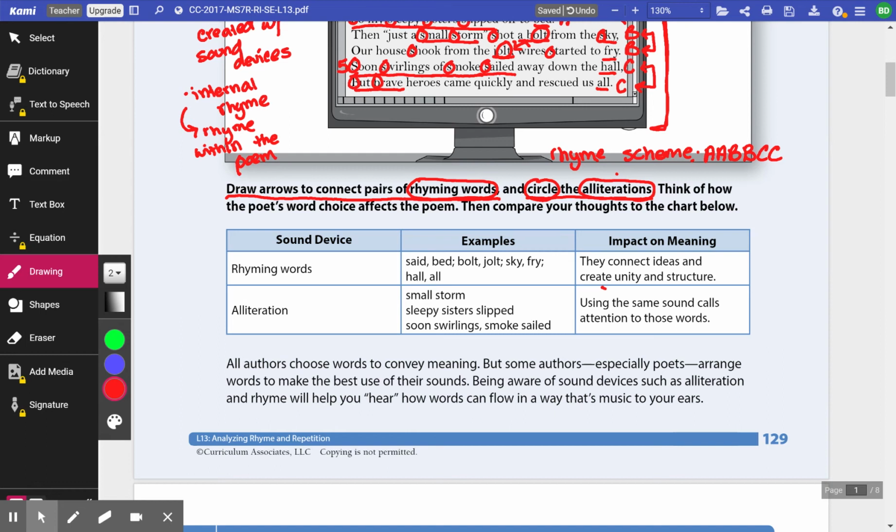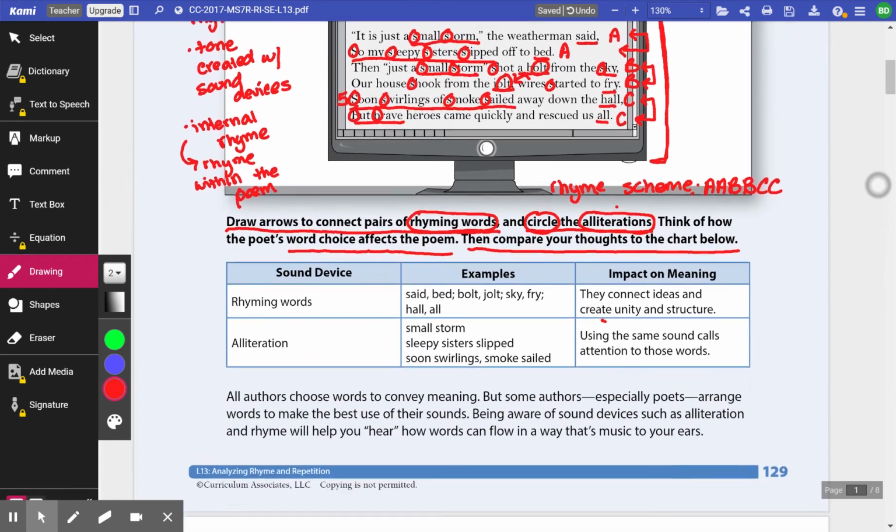So we're going to think about the poet's word choice, how the poet's word choice affects the poem. We know that authors use words for specific reasons. They always have something going on. It's not just random. So we're going to think about how their word choice affects the poem, and then we are going to compare our thoughts to the chart below.